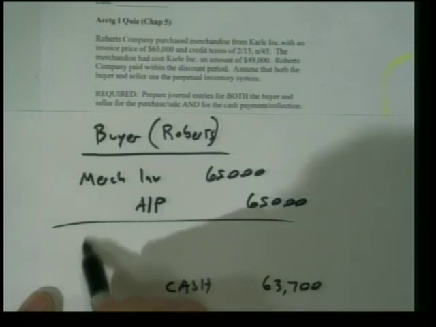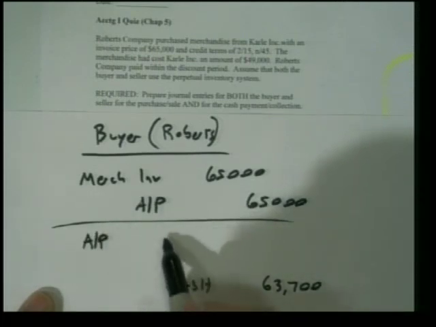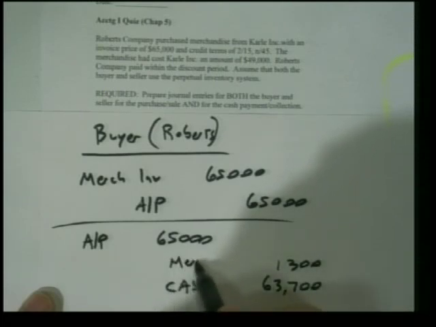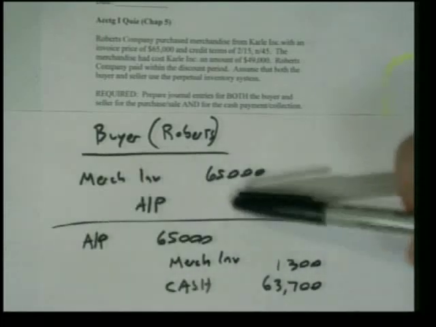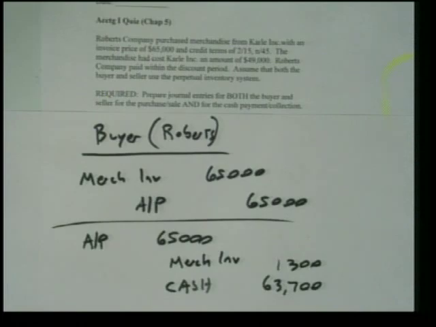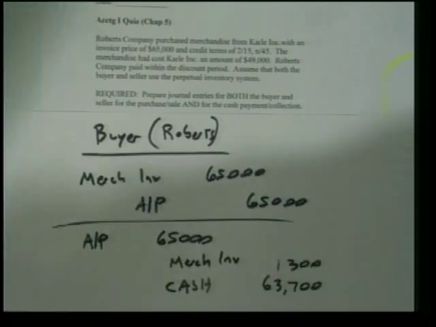The entire accounts payable is decreased because it's satisfied. And then where does that extra $1,300 go? A credit to merchandise inventory. So this is worth 2 points. This is worth 2 points. Okay? All right. Now, any questions on that?